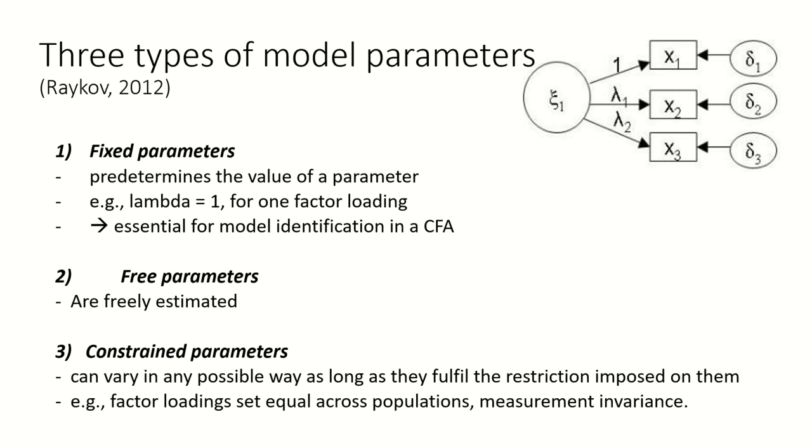So to visualize this, I have variables x1, x2, x3 here, and they are caused by a latent variable, and I specified one fixed parameter because x1 is set to 1 here on the latent variable, and then I have lambda 1, which is a free parameter that estimates the factor loading of x2 on the latent variable, and then x3 is specified via lambda 2, so the factor loading of x3 on the latent variable.